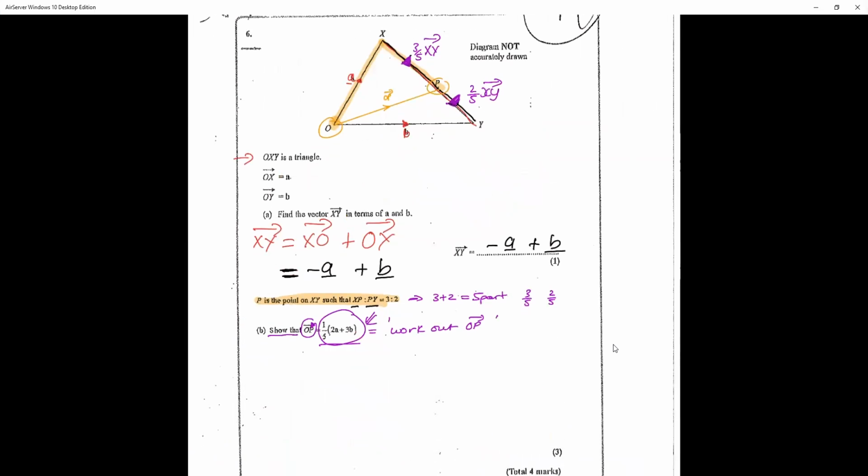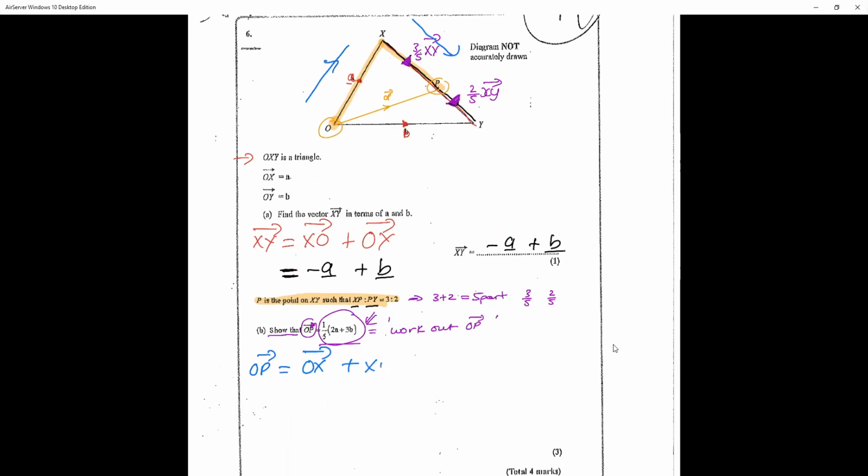So for that question, we are going to say O to P is equal to this part of the journey first. What's this part of the journey called as a vector? O to X. And this part of the journey, what's it called? X to P. Actually, you write that first and then we'll put that in afterwards.